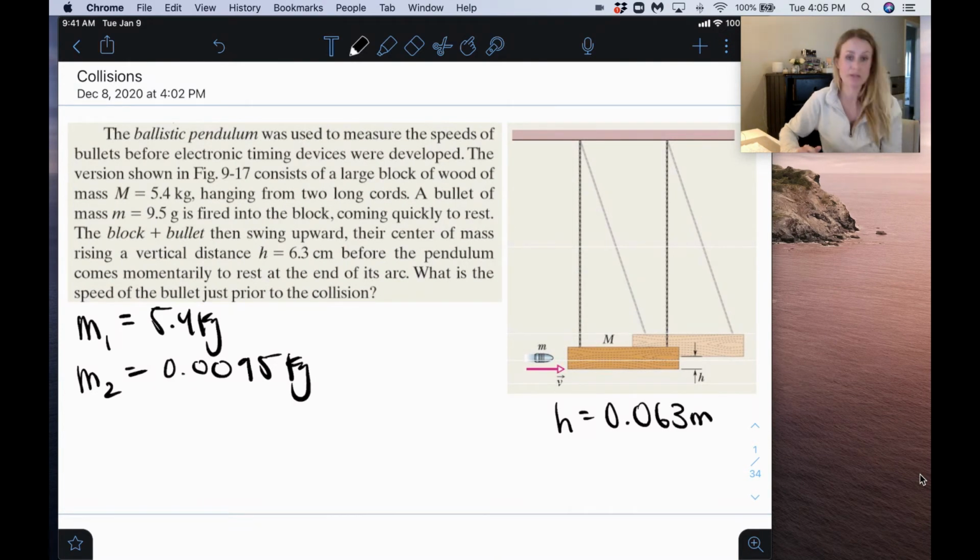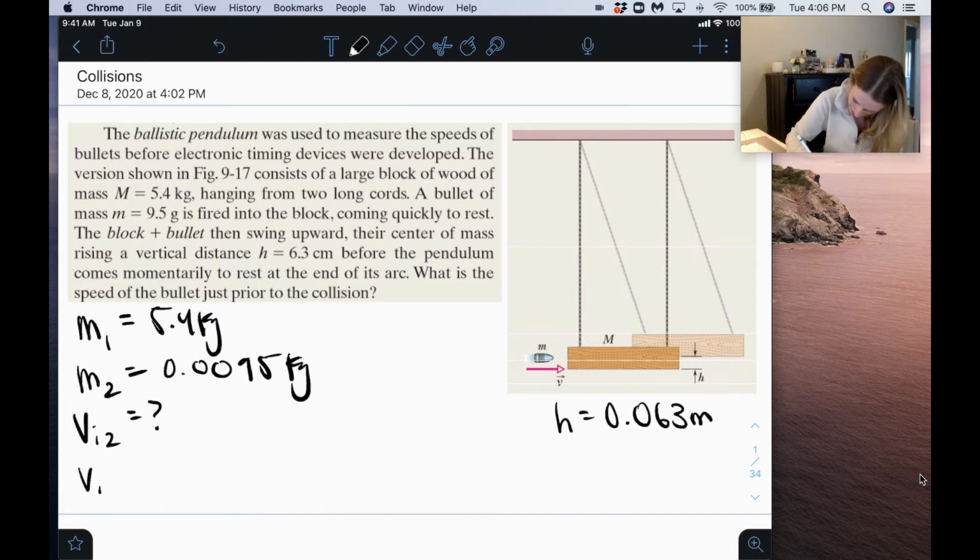Now we want to know the initial speed of the bullet, because it says, what is the speed of the bullet just prior to the collision? So I want to know V initial 2 equals question mark. The other thing we know is that before the bullet collides with it, that block is just hanging there at rest.